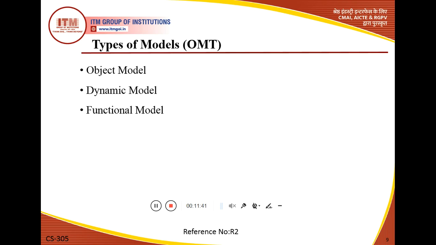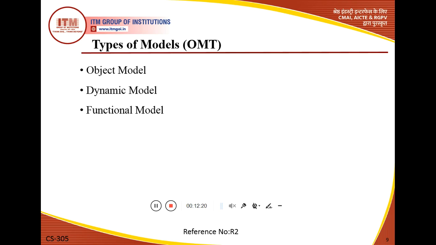So what is the role of these three types of model? Basically in the syllabus the object model is mentioned, and the other types of models will not be used in the RGPV syllabus, but I will discuss the difference between the object model, dynamic model and functional model. So what is the difference? Basically the object model defines the static nature of the model, and if we want to create a dynamic model, we will use the dynamic model.